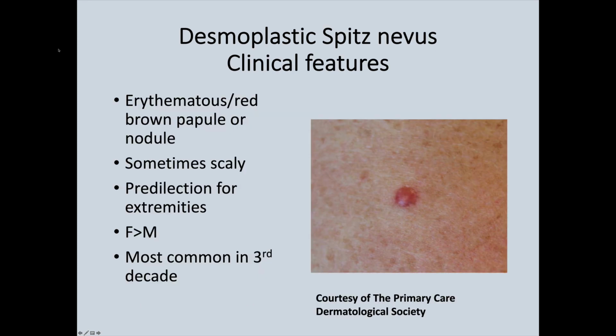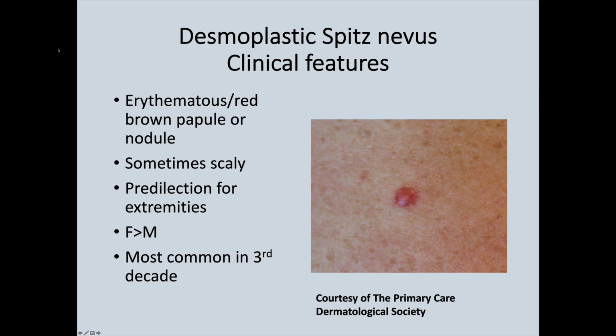So, Desmoplastic Spitz nevus is a variant of Spitz nevus characterized by desmoplasia in the underlying dermis. And like Spitz nevi, it can present as a papule or a nodule, which may be a little bit crusted, and it may be either red or brown or a mixture of the two in color. Most of these lesions appear to grow on the limbs.